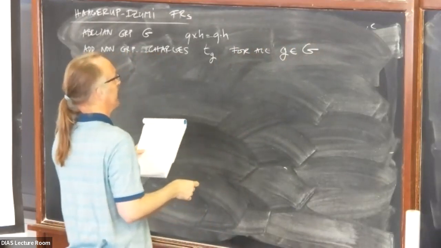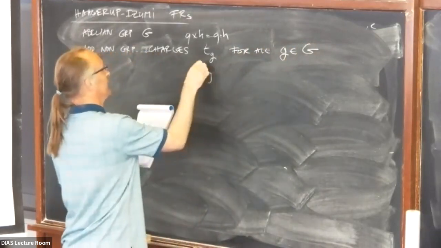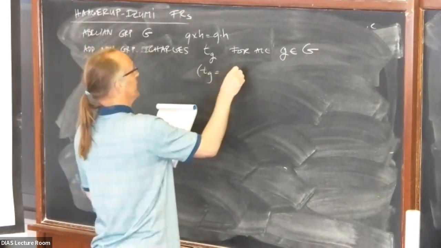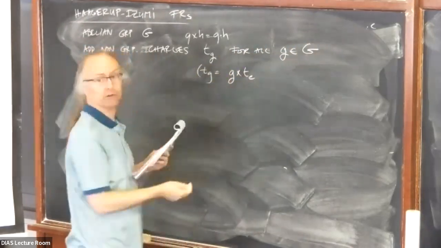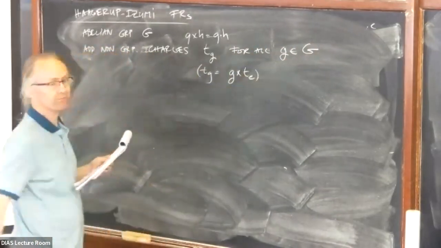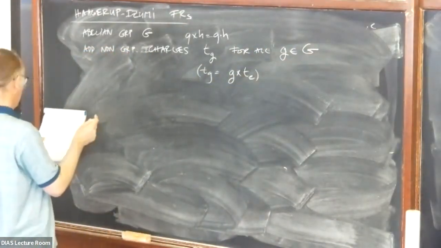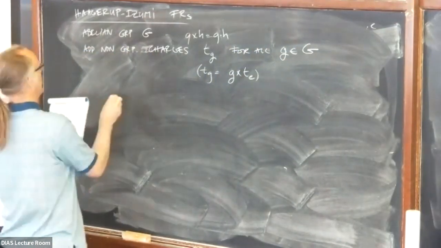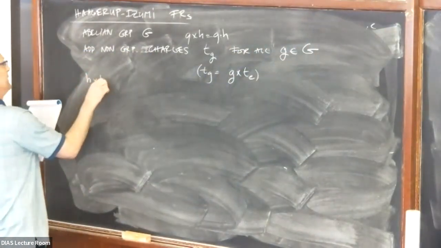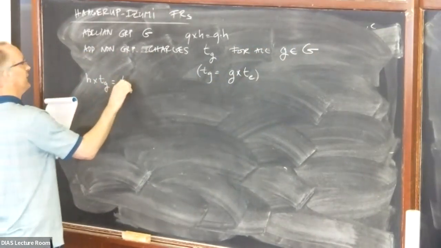And in fact, t_e is just the one where e is the unit element of the group. And then the crucial thing here is that, more generally, you get h times t_g equals t_hg.